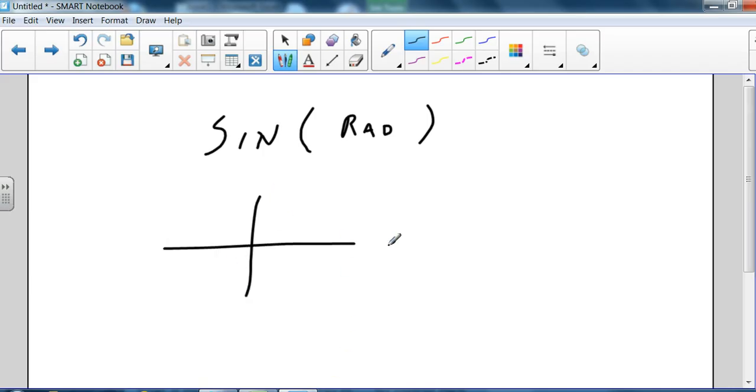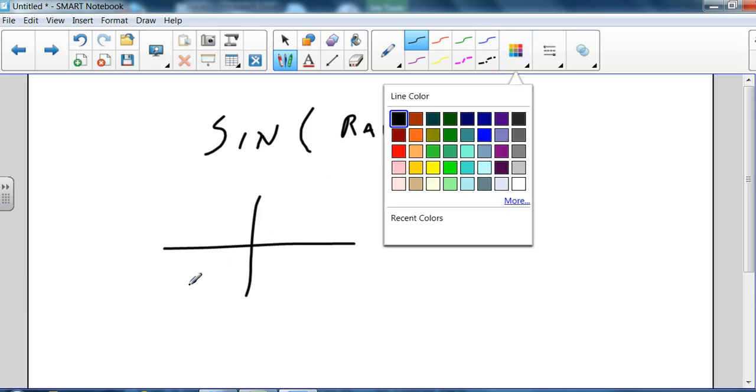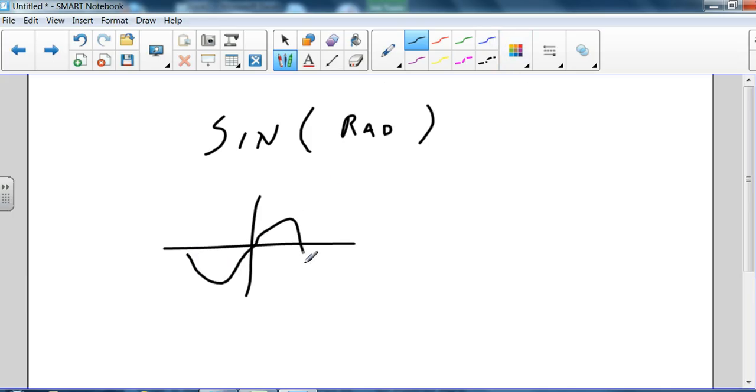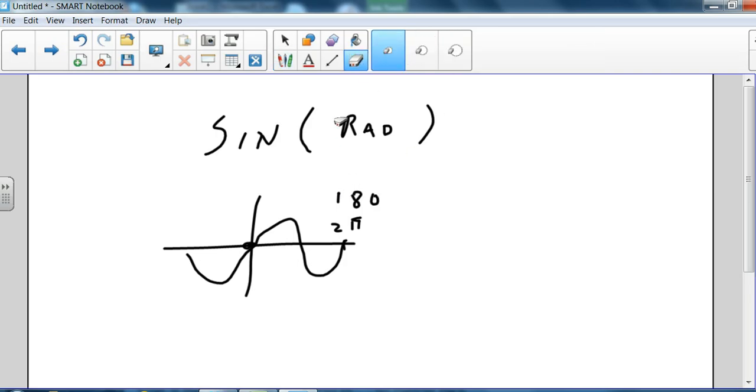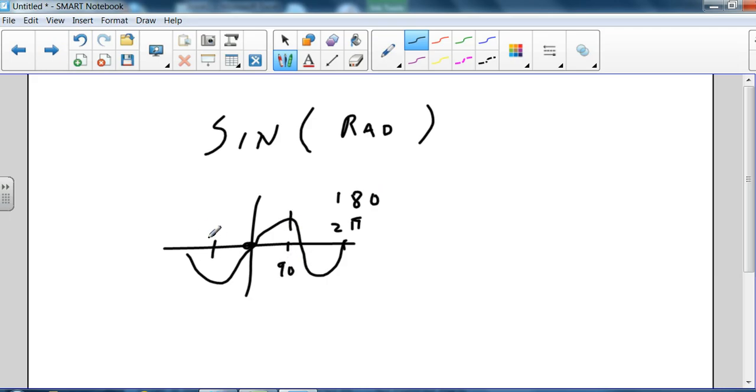So if we remember, the sine function does something like that. That's going through 0, and we're back over here to 2 pi or 180 degrees, depending on how you look at it. And the arc sine function is only going to give you an answer between 90 degrees and minus 90 degrees.